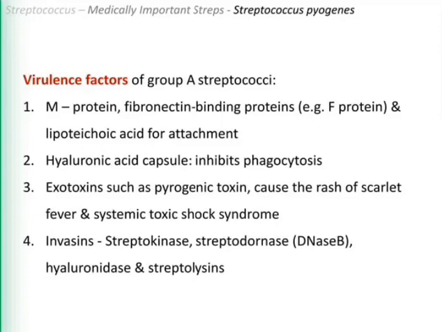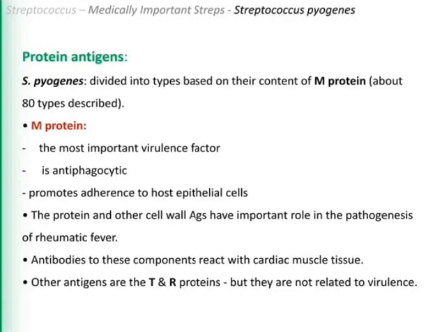Hyaluronic acid capsule inhibits phagocytosis. Exotoxins such as the pyrogenic toxin cause the rash of scarlet fever and toxic shock syndrome. Invasins like streptokinase, streptodornase, hyaluronidase and streptolysins.